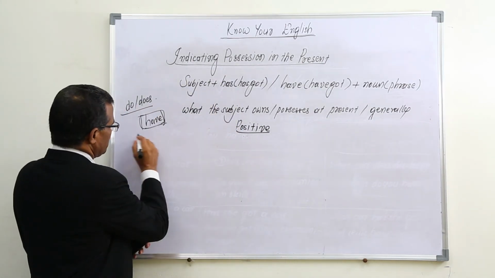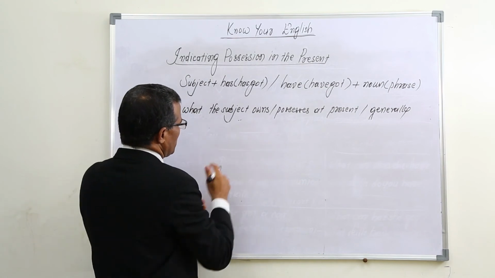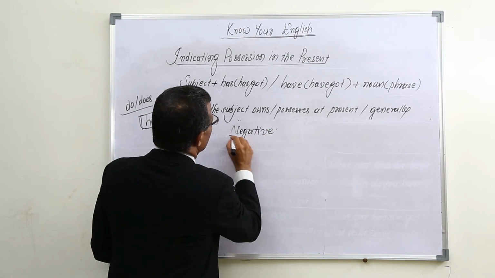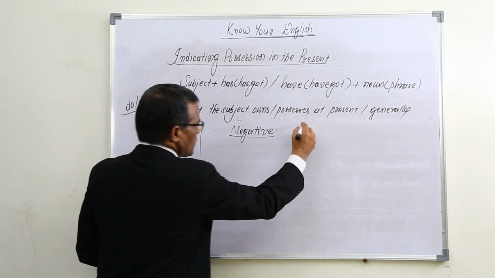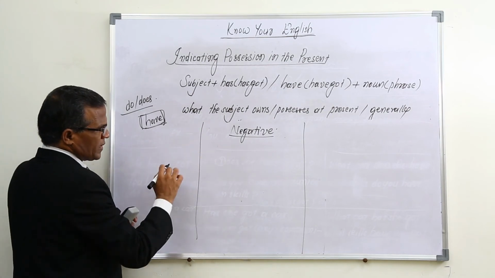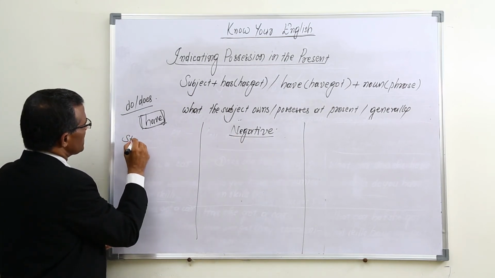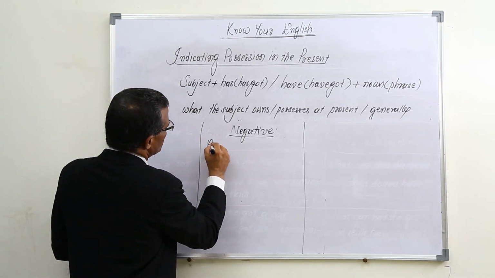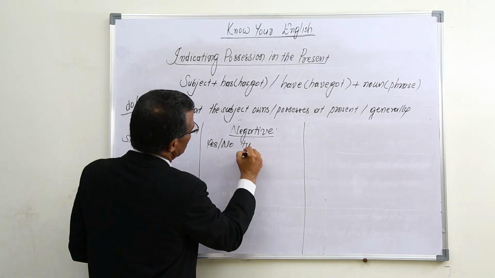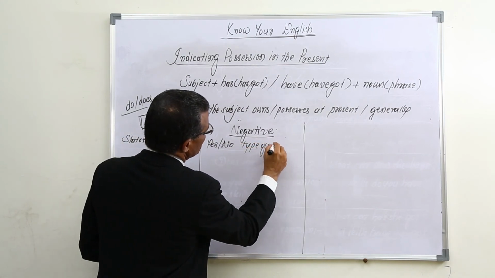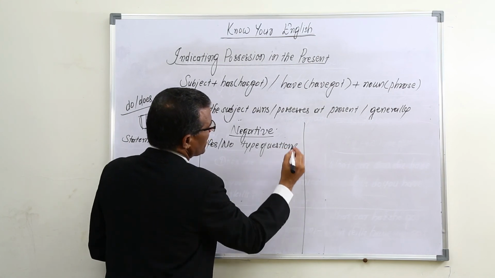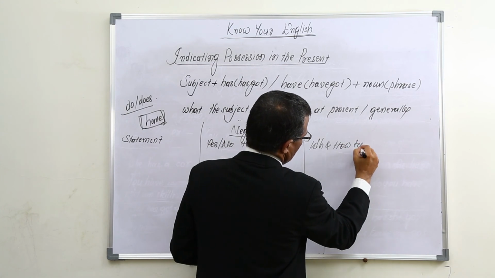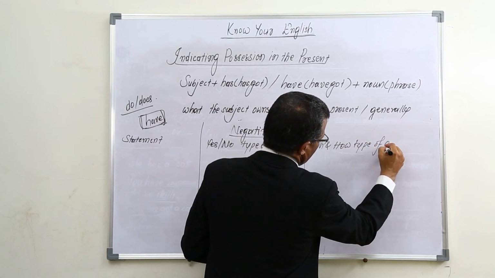For example, you see here negative: statements, yes or no type questions, and WH and how type of questions if we take.